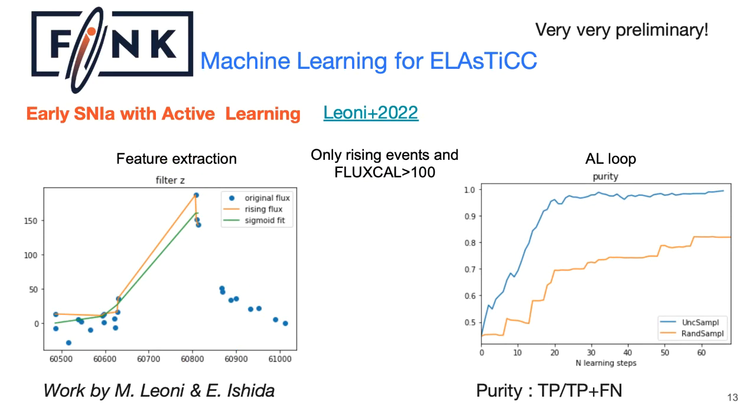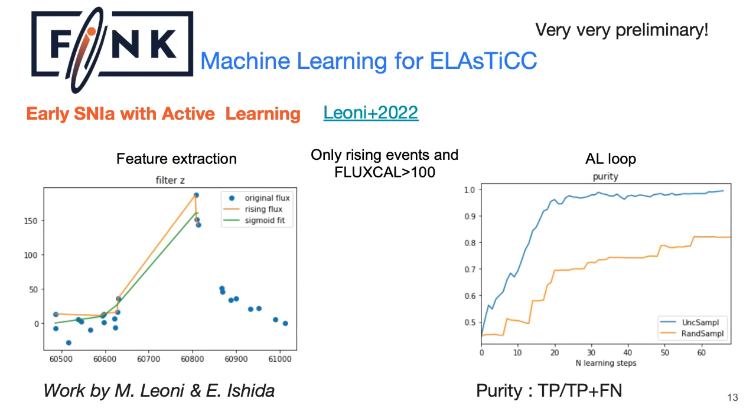So we required that at least one filter had a flux cal, a normalized flux with a zero point of 27.5, if I recall correctly, bigger than 100. This is one of the limitations right now of the plots that I'm showing you. We're trying to see what we can do to improve it.